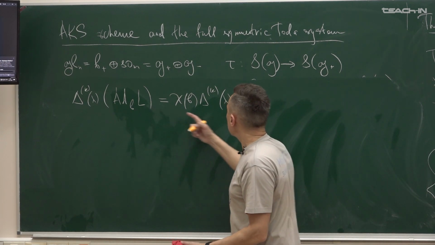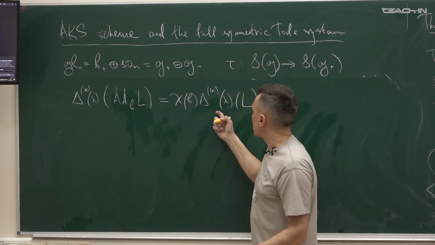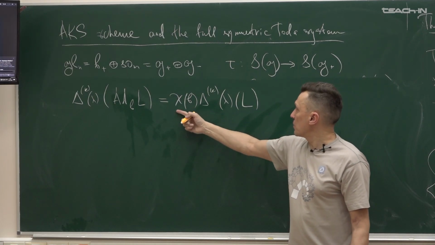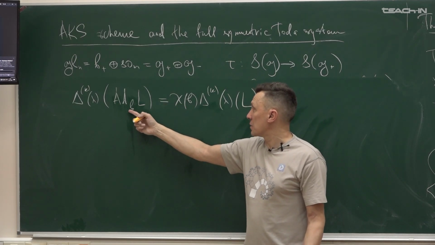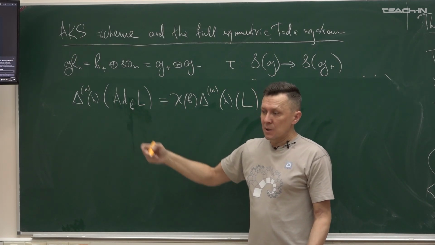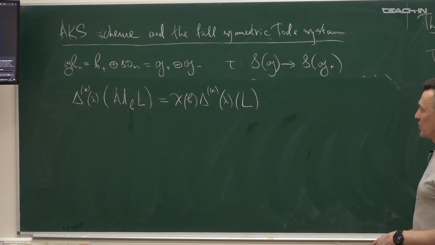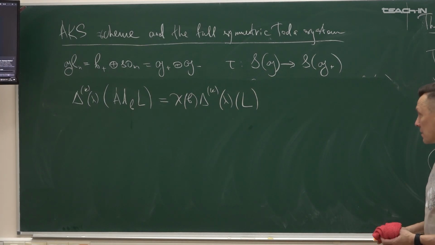And it means that all coefficients of such a function, all coefficients on lambda, are multiplied by the same function depending on the element b. And it means that the ratios of such functions are invariant with respect to the action of the Lie group.